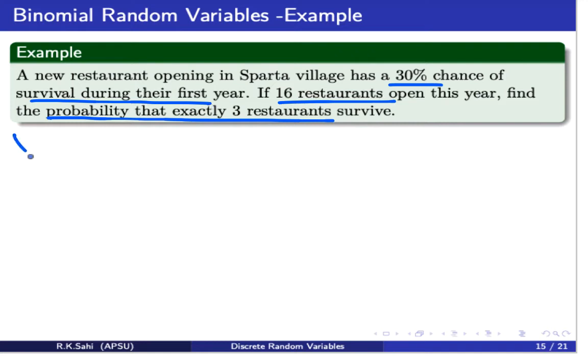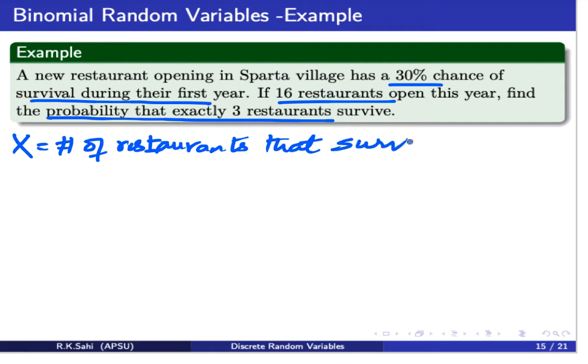So our random variable is the number of restaurants that survived. There's only 2 possibilities, whether the restaurant will survive or not. So that is the biggest clue that it's a binomial.